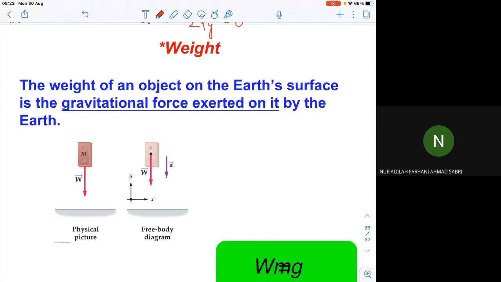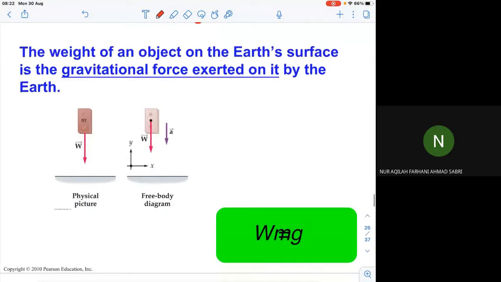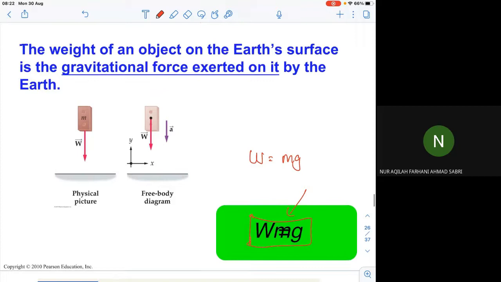The weight of an object on the Earth's surface is the gravitational force exerted on it by Earth. So W here, excuse me, this was wrong. It should be W equals mg. Believe it or not, W is actually part of force.